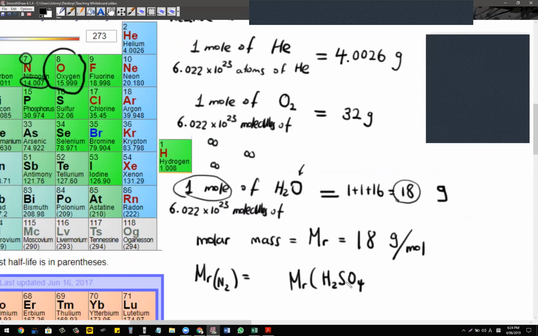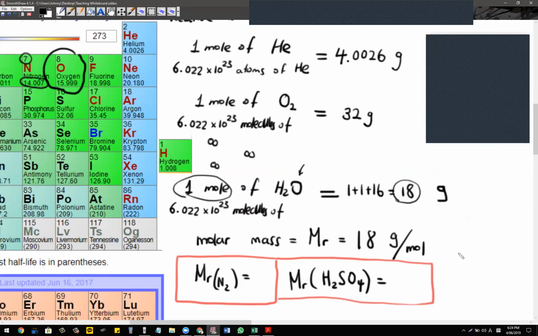What's the molar mass of H2SO4? That's known as sulfuric acid. You can try molar mass of HCl. You can try that.